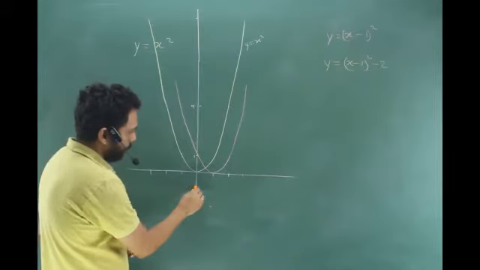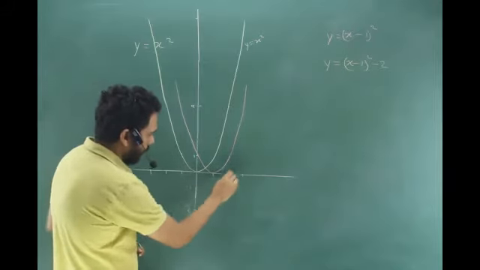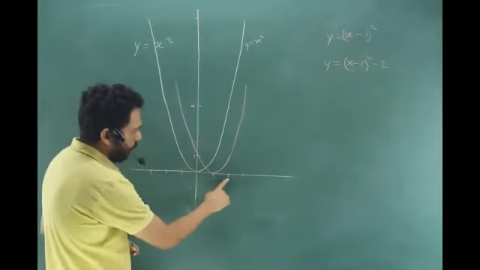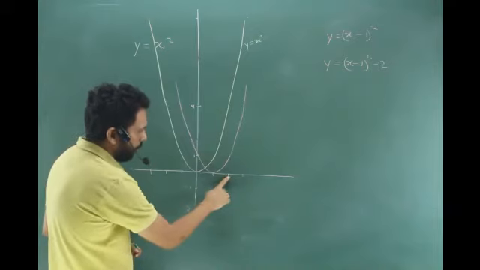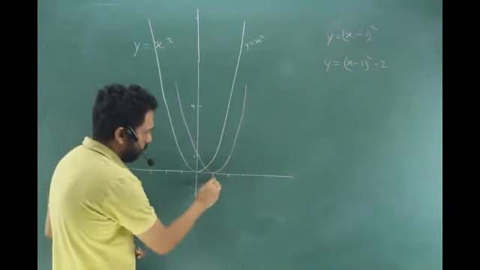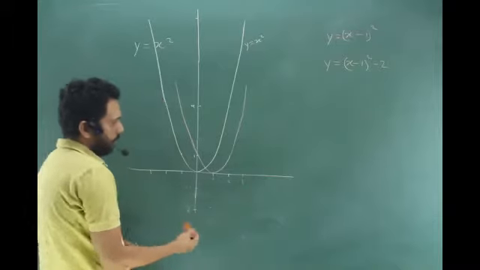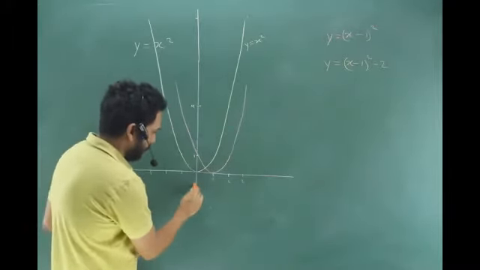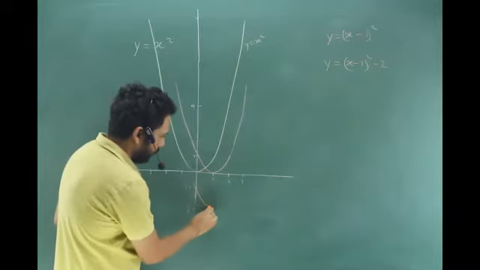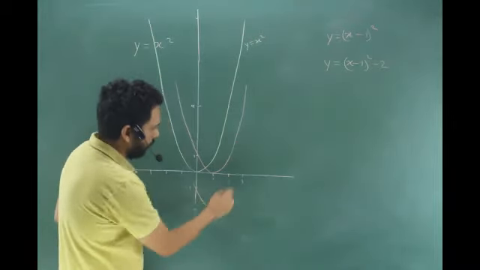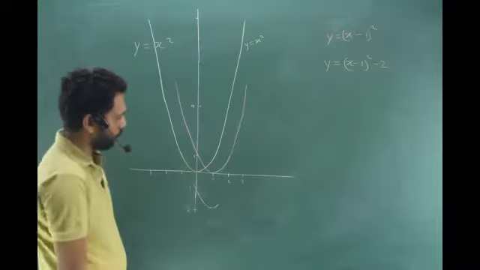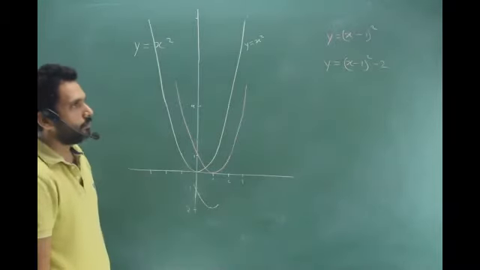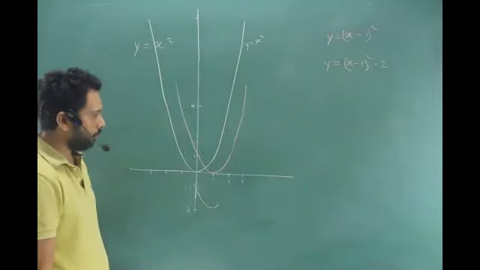Even if I make it, can you tell me where it will cut from here to there? This is 1, this is 2, this is 3. Where will it cut? Within 2 or after 2? After 2. After 2, yeah.